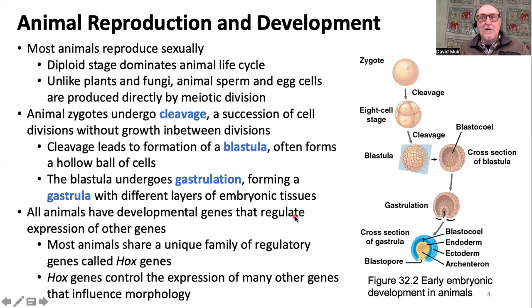This process of gastrulation is very complex, and it's very, very important. Some embryologists will tell you there are 4 key events in the life of an animal. The first is fertilization. The second is gastrulation. The third is puberty. And the fourth is death.